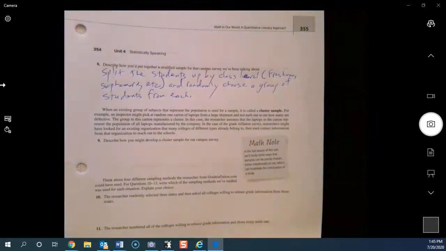It says here, describe how you might develop a cluster sample for our campus survey. Okay.